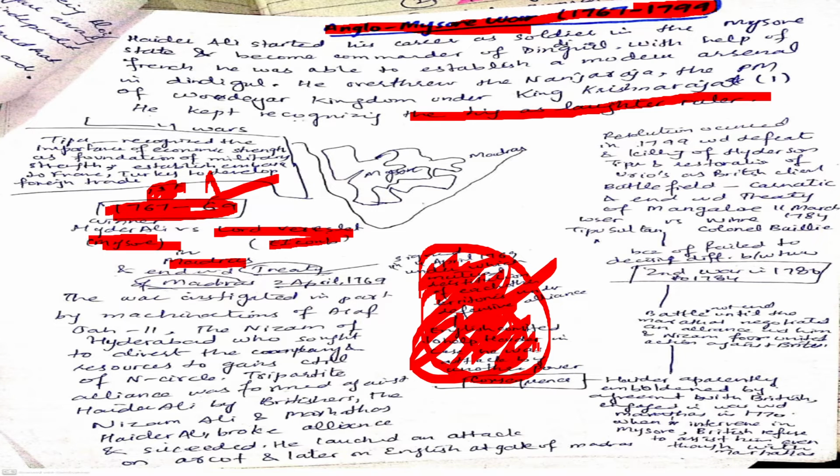After that, the second war ended in 1784 with the Treaty of Mangalore on 11 March 1784.